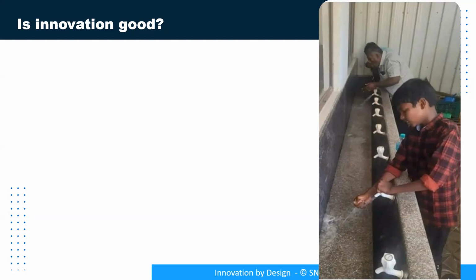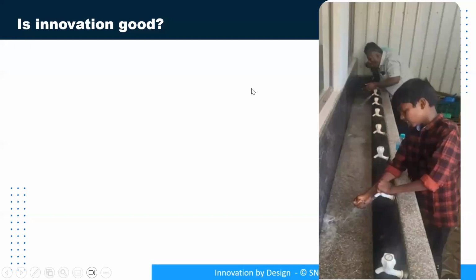Someone identified that problem and wanted to solve it. The solution they came up with was, why don't we turn the faucet to the other side? Now the faucet is on this side, and you're washing your hand and not getting wet. But did it solve the whole problem? Probably not.